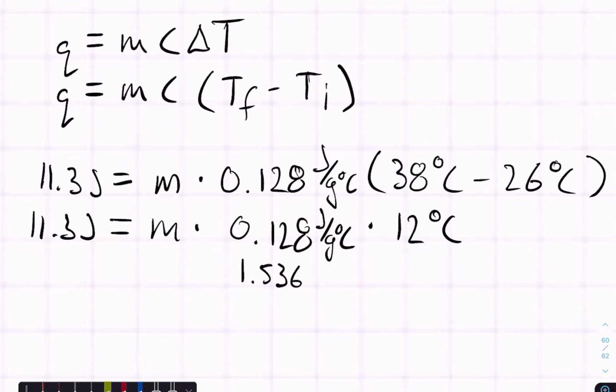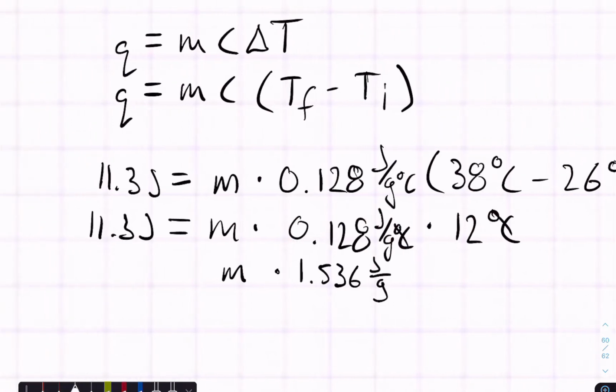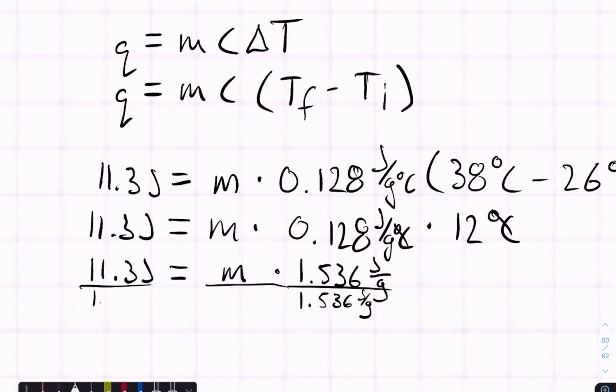Because this is 1 over degree C. This is degree C. So we'll be left with joules per gram times mass equals 11.3 joules. And then we divide both sides by the whole thing, 1.536 joules per gram.